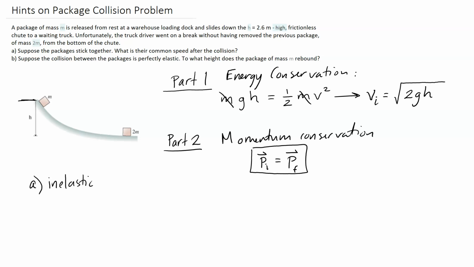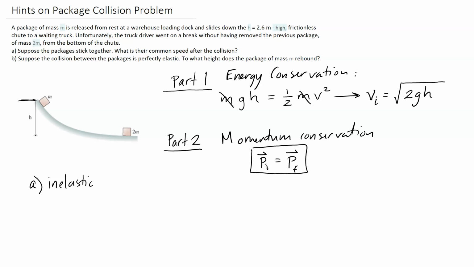Our momentum conservation problem always is the initial momentum of the system, our system being the two blocks, equal to the momentum of final. Those momentums are vectors, so we have to pay attention to the direction. In our inelastic collision, that's always the easier case because they've got a shared velocity afterwards. There's only one unknown.